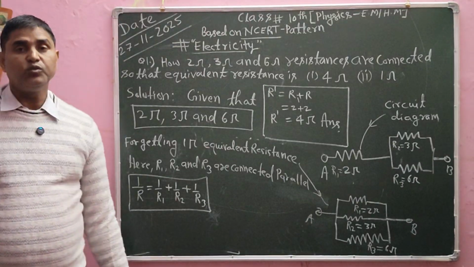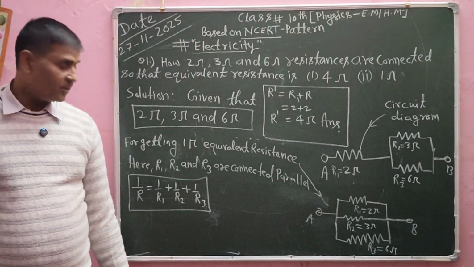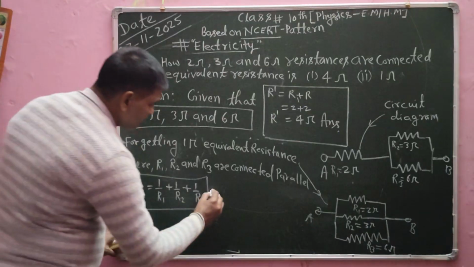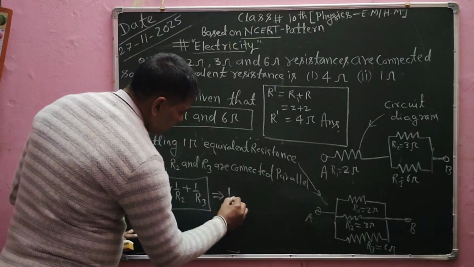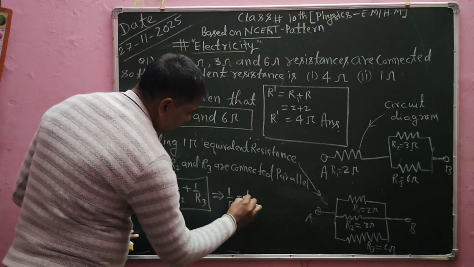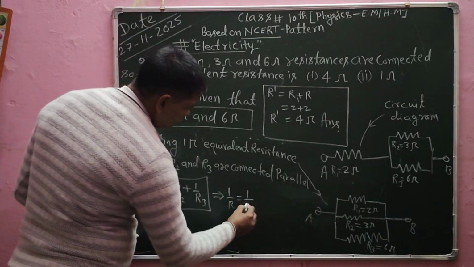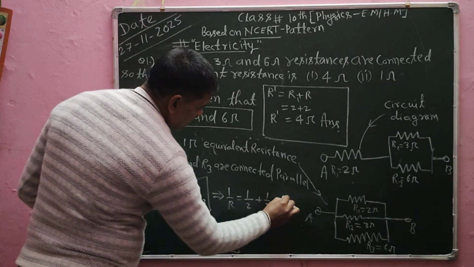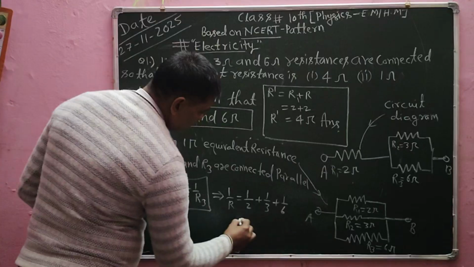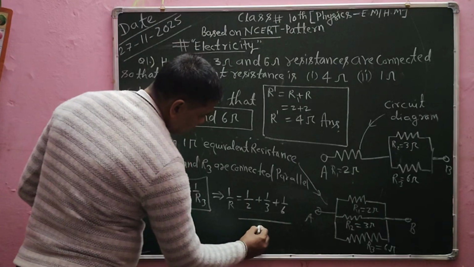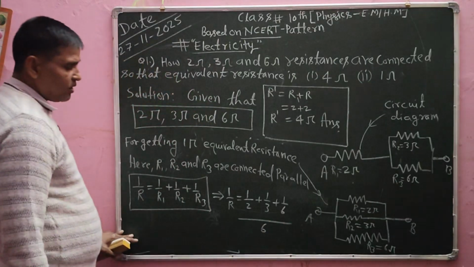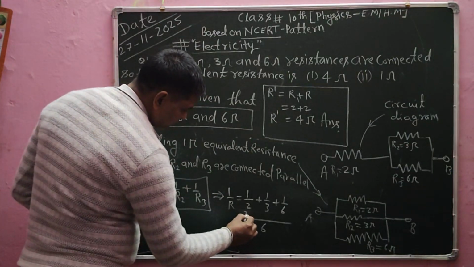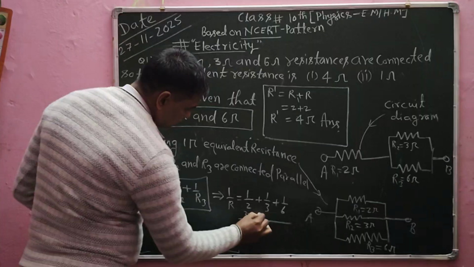So I will substitute its value. 1 by R is equal to 1 divided by R1 is 2 ohm, R2 is 3 ohm, and R3 is 6 ohm. So here I will take its LCM, that will be 6. Now I will divide 6 by 2, that is 3 into 1.